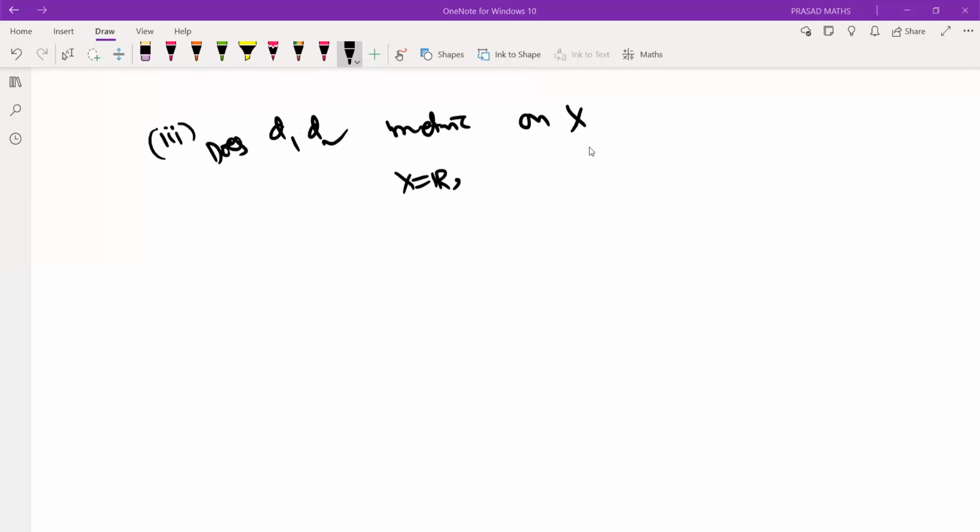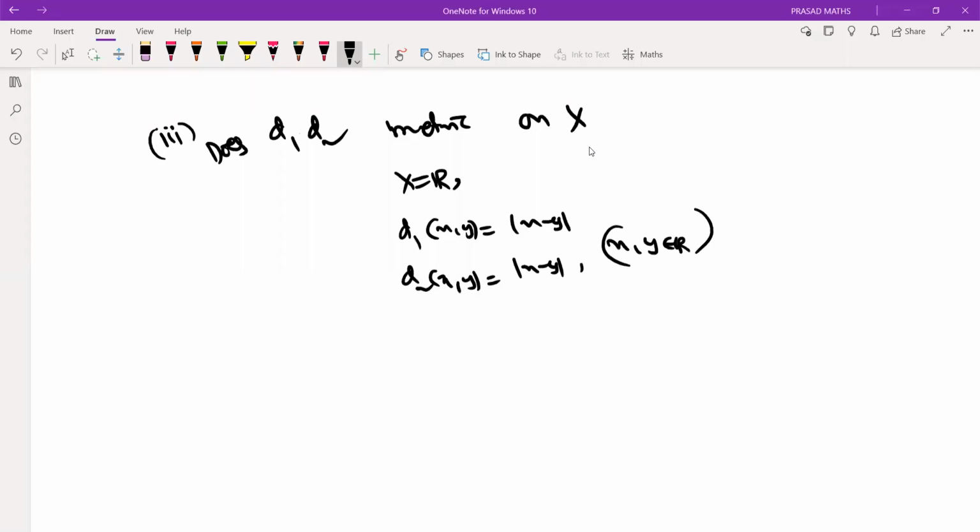Okay. Suppose you take d1 of x, y the standard metric, and d2 of x, y also the same. X, y are real numbers. You take the product. So clearly d1, d2 are metrics, no doubt. So d1 into d2 is exactly mod of x minus y into mod of x minus y. This is the whole square. So the question is, is it a metric or not? Suppose this is d.